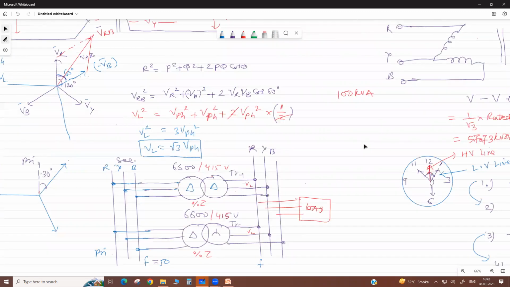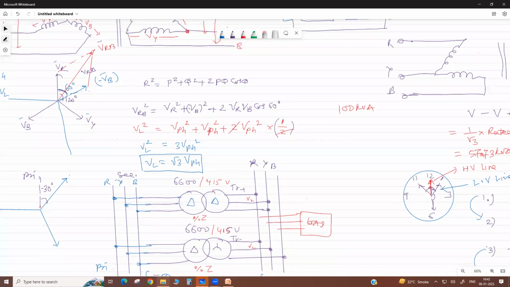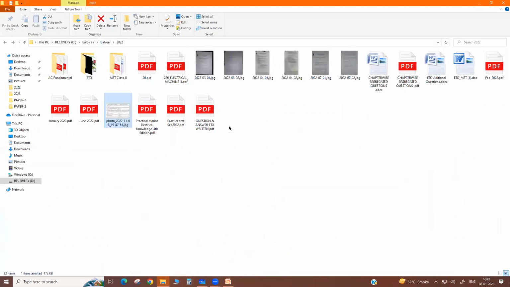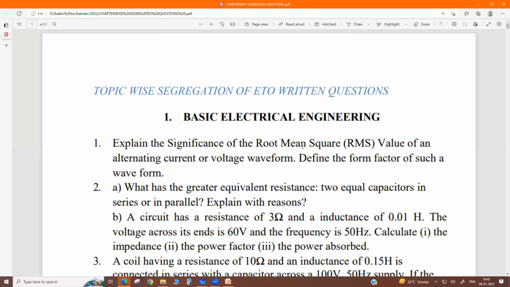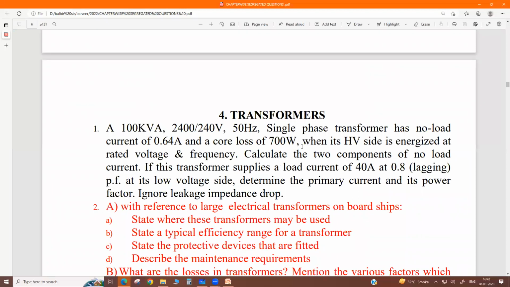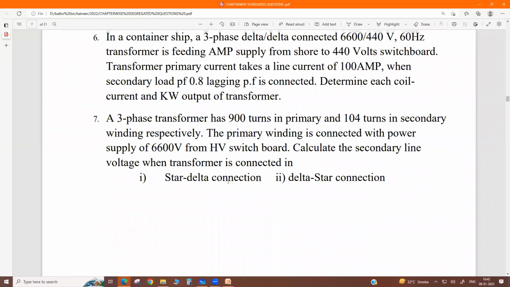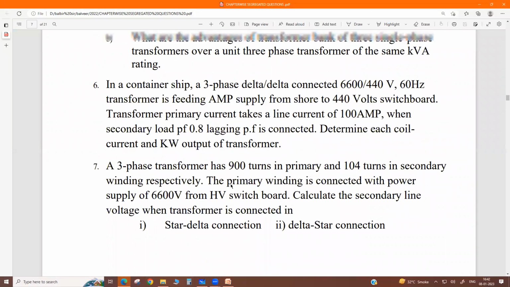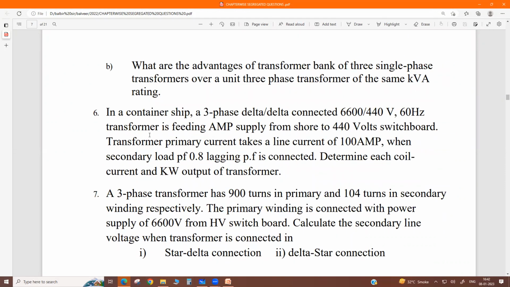Okay, dear. So I think now one numerical we can discuss. It was asked in your exam papers in all the ETO exams. This seventh you can practice also.